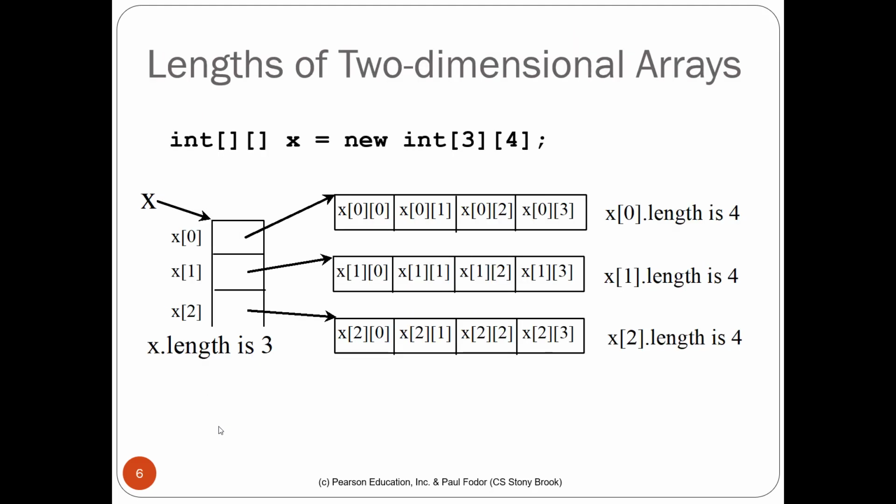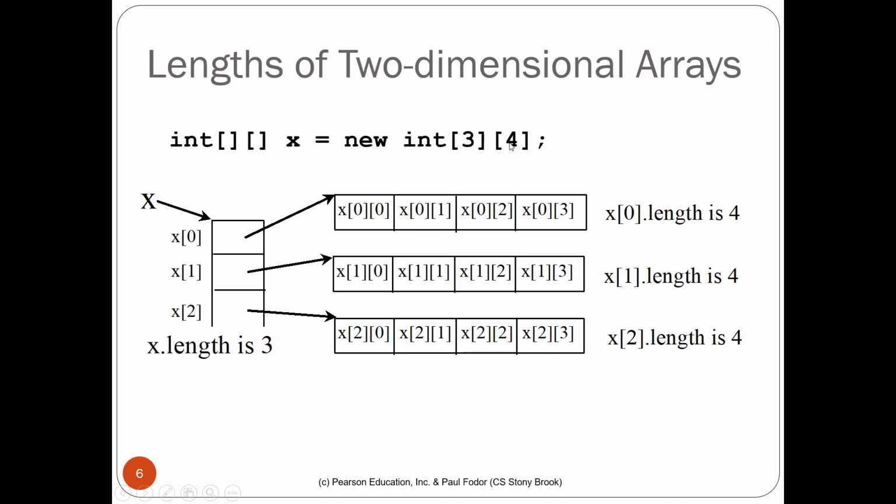Now let's see how we can interpret this two-dimensional array. Here we have x. It is declared as int with two pairs of square brackets, then x is equal to new int[3][4]. Here you should try to understand, when somebody has declared it like this, how many rows we have and how many columns we have. The first dimension specifies the number of rows, so we have 1, 2, 3 rows.